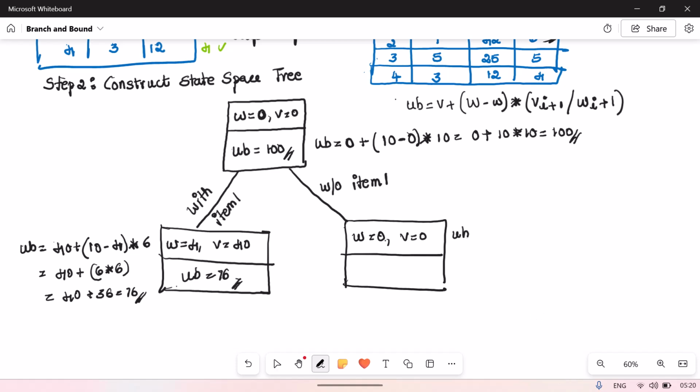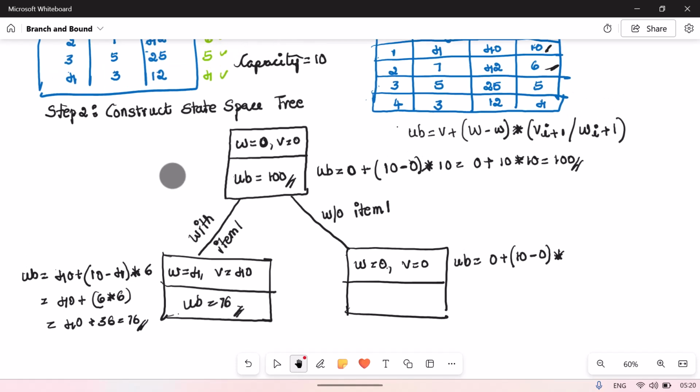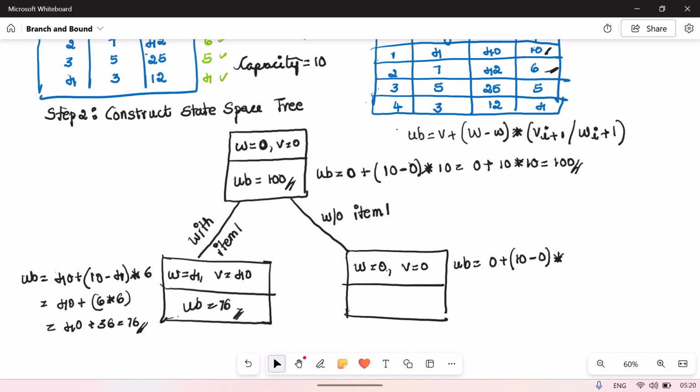So upper bound is 0 plus, that is your value, plus total capacity 10 minus weight of the current item 0 times ratio of the next item, because you're doing it for the first item, so you will consider the value over weight ratio for the next item. So it will be 0 plus 10 times 6, which is equal to 60. So upper bound is 60 now.